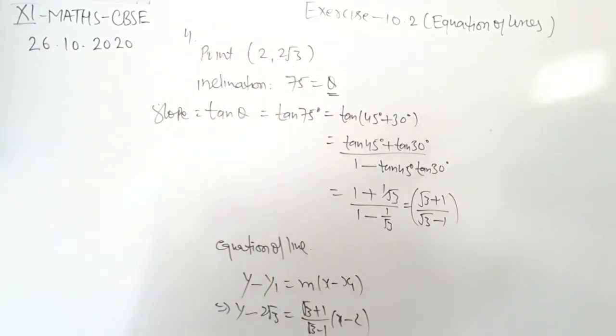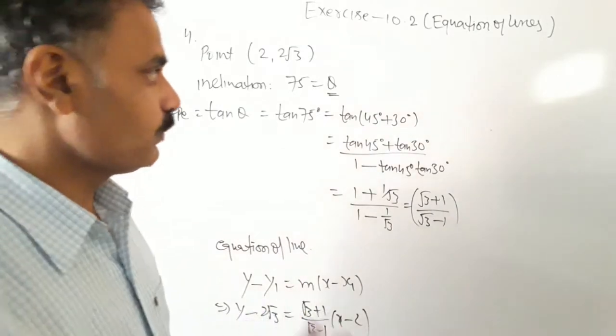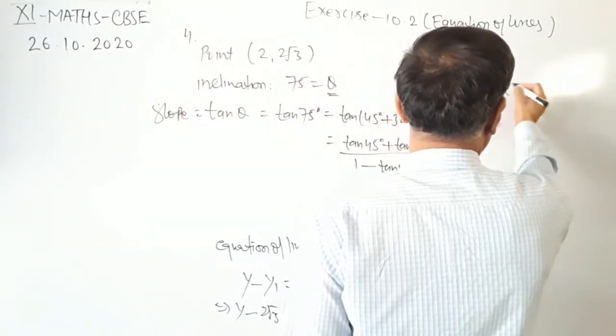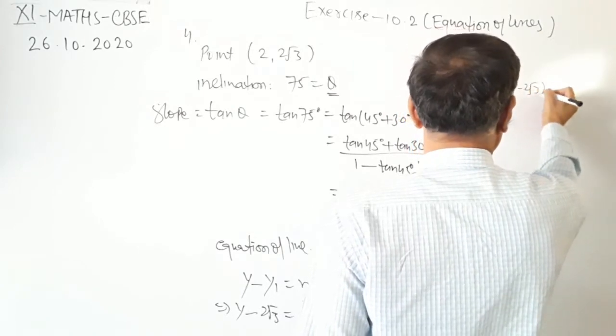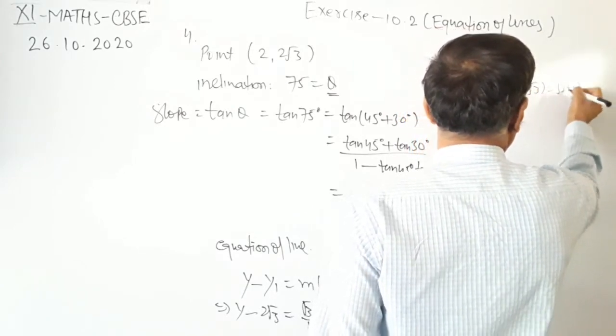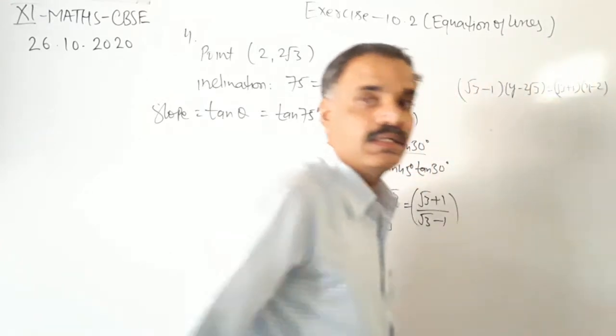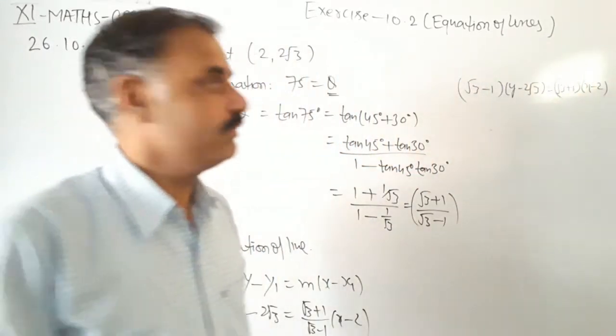Okay, this is the equation of line. Now we can solve this. That is under root 3 minus 1 into y minus 2 under root 3 equals to under root 3 plus 1 into x minus 2.